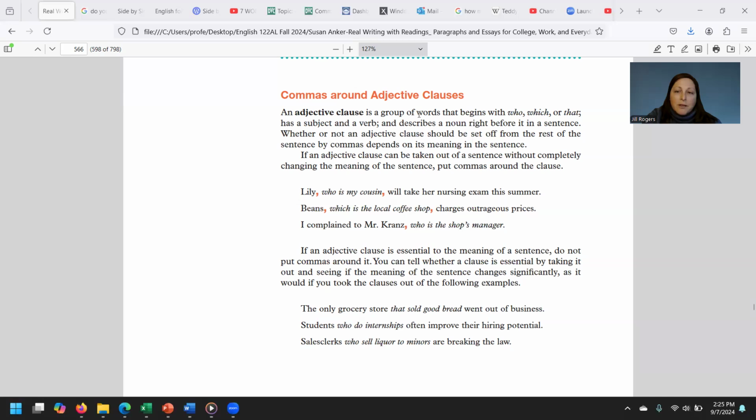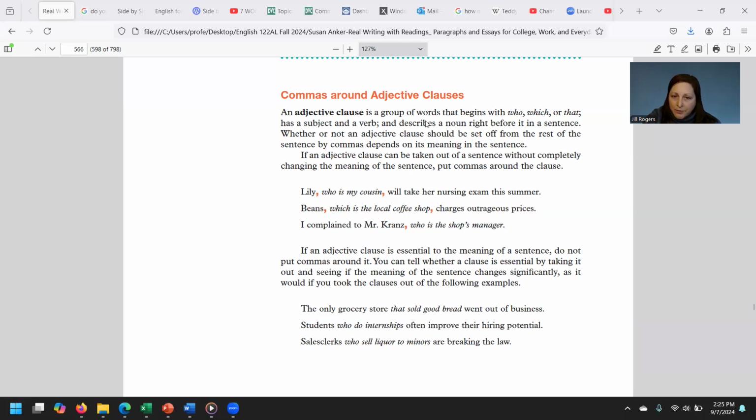Let me do that again. An adjective clause is a group of words that begins with who, which, or that, has a subject and a verb, and describes a noun right before it in a sentence.